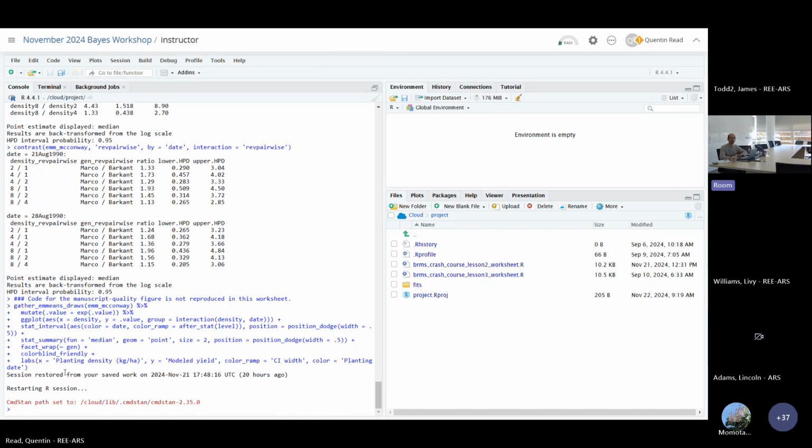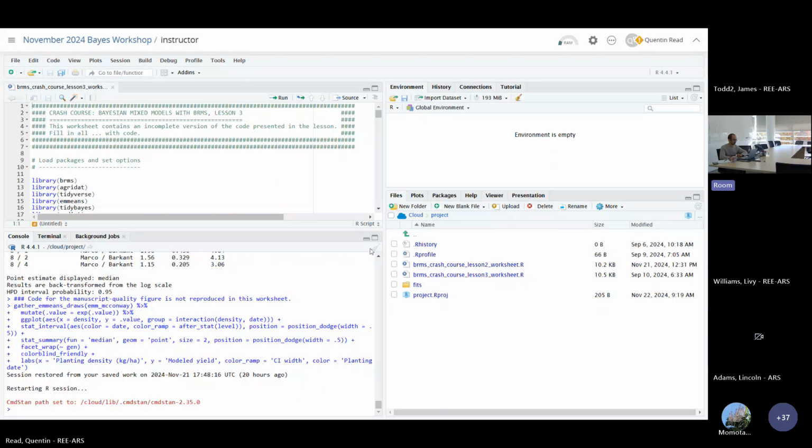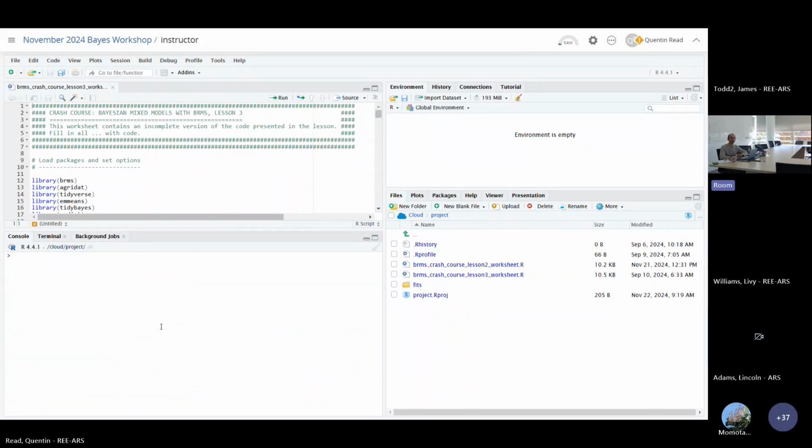And hopefully it should reset the command path, so it will find that. Now let's open up in the files pane the lesson 3 worksheet. I'll clear this console log as well using this little broom to make everything look nice and clean. You don't have to do that, but here we go.